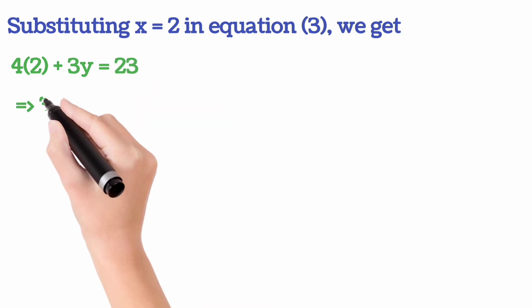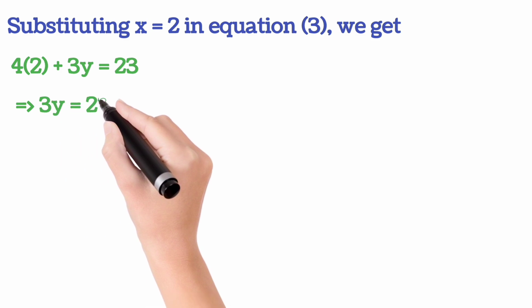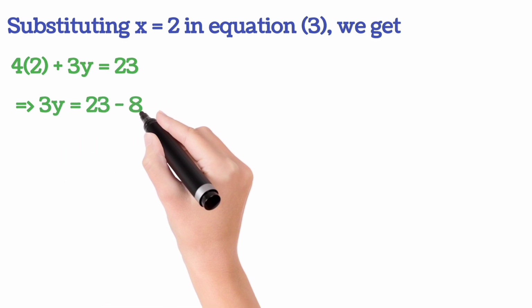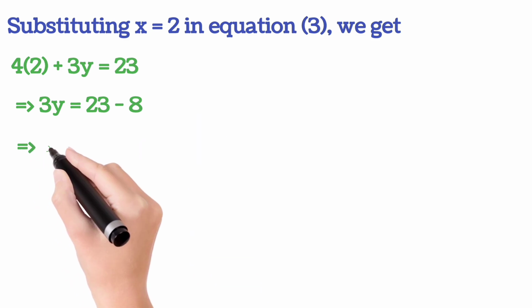That implies 3y equals 23 minus 8, because 4 twos are 8, and we are shifting from the left hand side to the right hand side.